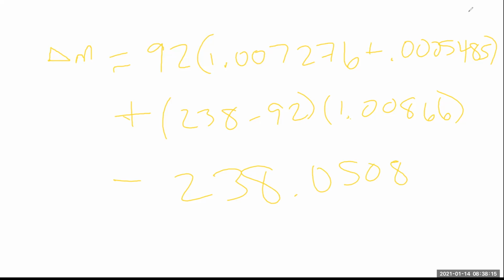Let me... okay. So, with not rounding, we've got 92 times 1.007276 plus 0.0005485 plus 146 times 1.008665 minus 238.0508.